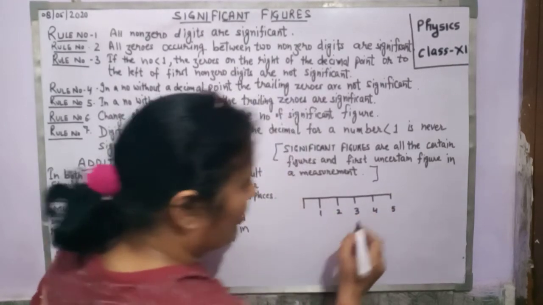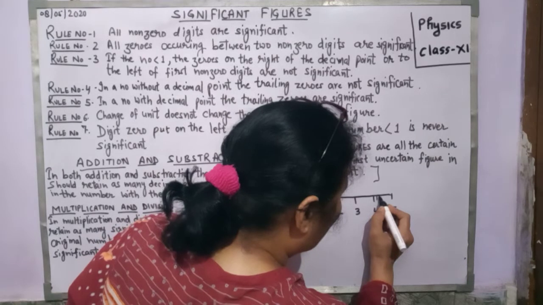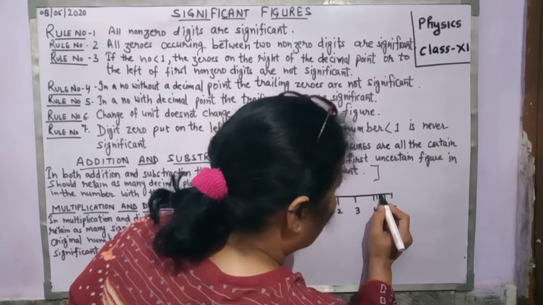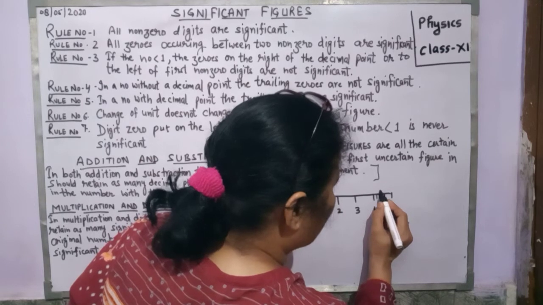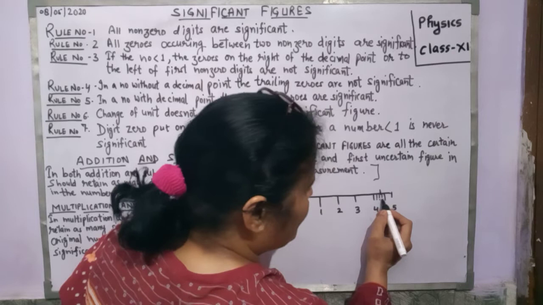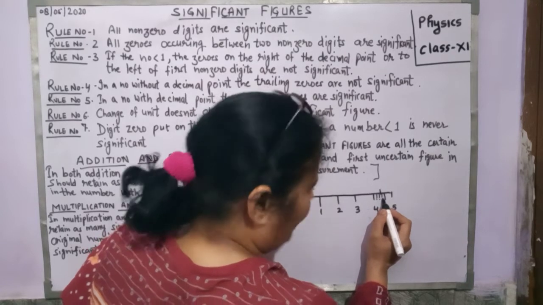Your length comes out to be between two numbers. This is your 4.1, this is your 4.2, and this is your 4.3.